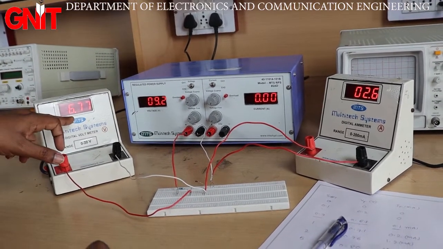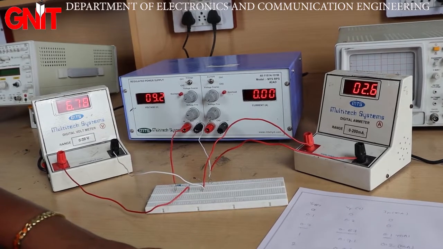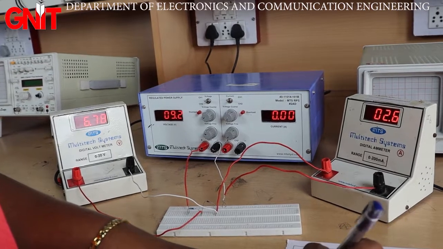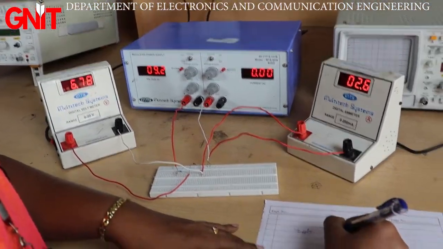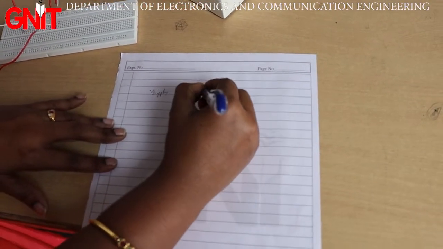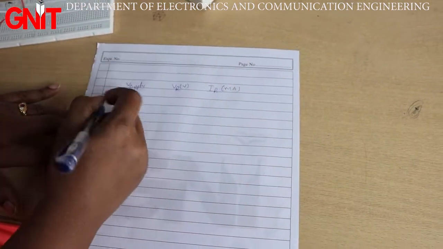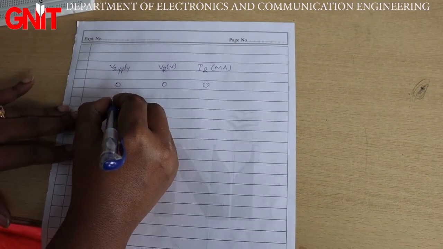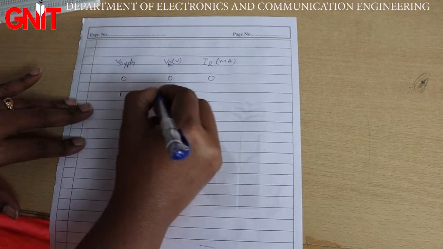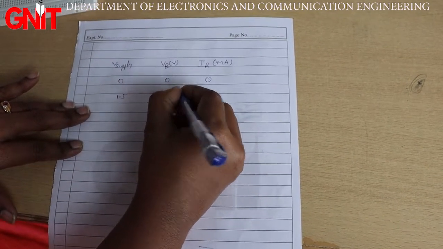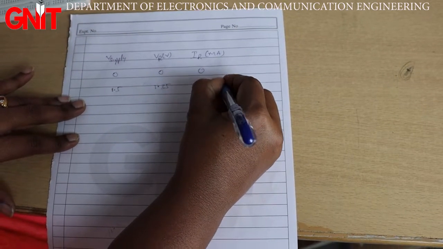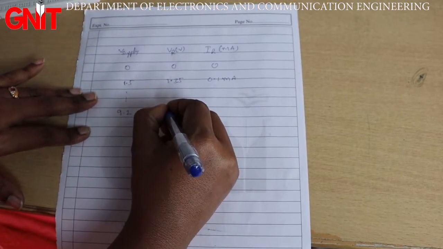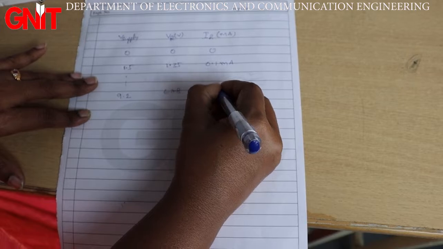If I note down all these values, then I can get the reverse characteristics of the diode. For 9.2, I got 6.78 and 2.6.